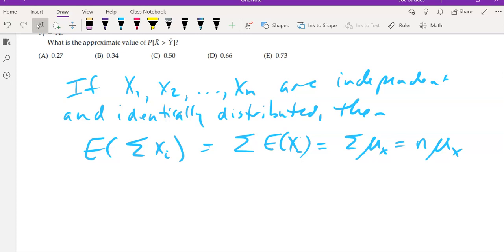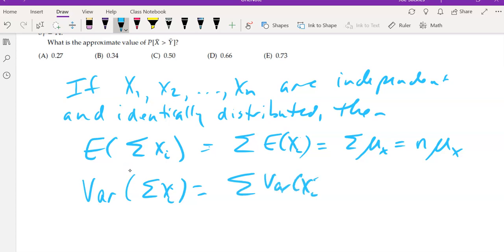Okay. Independence pops up for variance. Since they're independent, what happens when you do the variance of the sum? The covariances are all zero, so all I need to do is sum the variances. This is where independence is important.